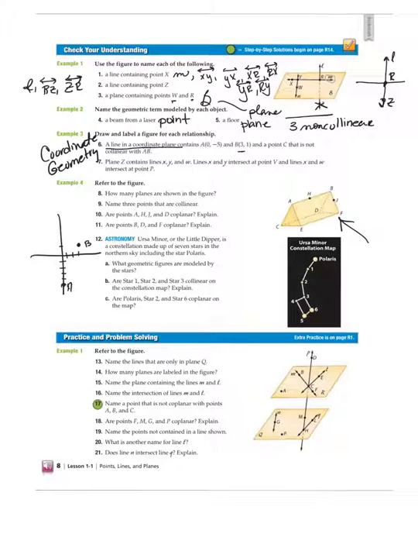So if I need a point C, let me get my line tool so it'll be a little bit straighter. Okay, I've got a line going through A and B. Now, any point C, I can put it anywhere as long as it's not on this line, or on the extension of this line, because you've got to remember that line goes on and on forever.